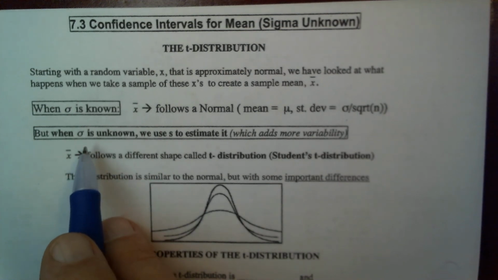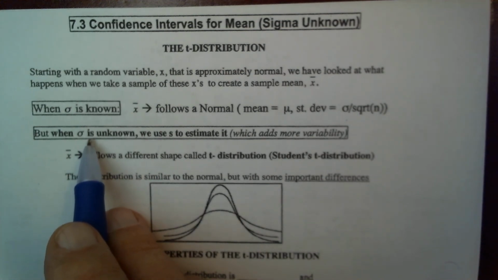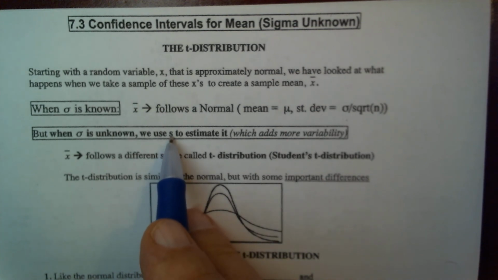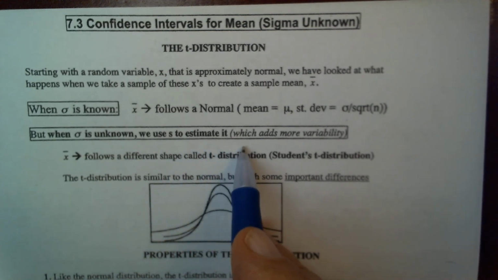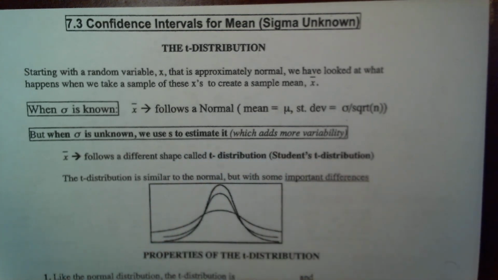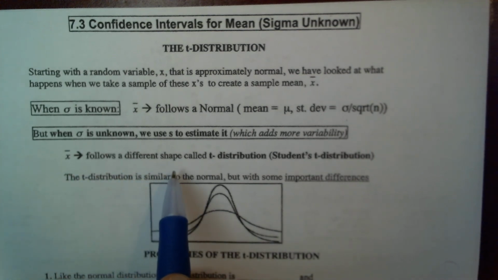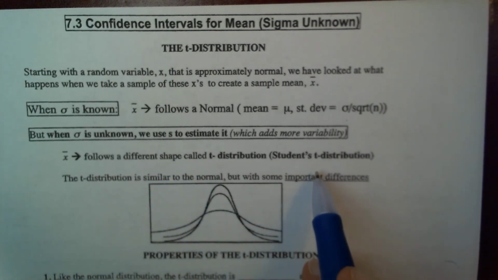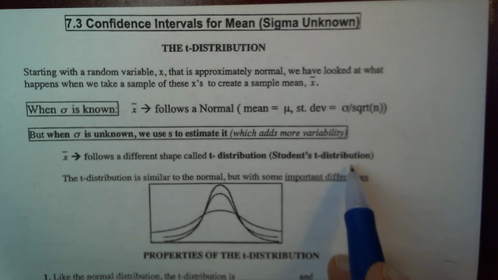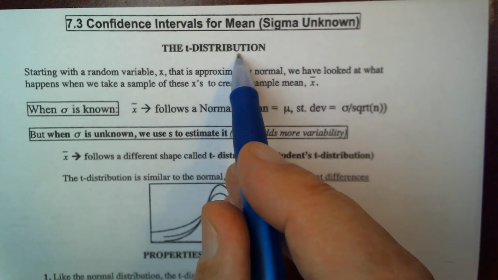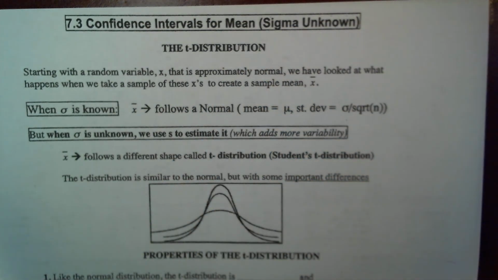But when sigma is not known, we use s, the sample standard deviation, to estimate it. So then x bar follows a different shape called the t-distribution, or Student's t-distribution. That's what we'll be talking about here in section 7.3, the t-distribution.